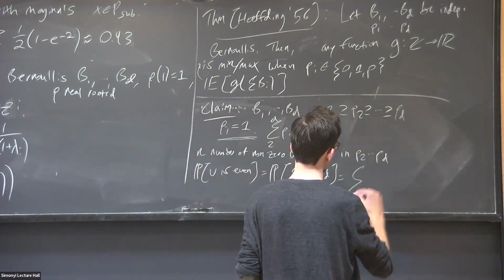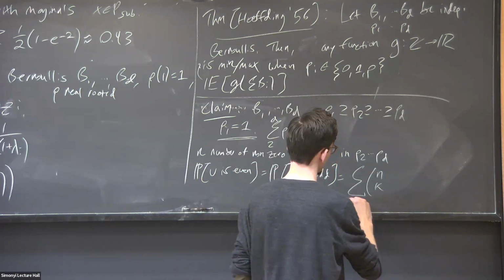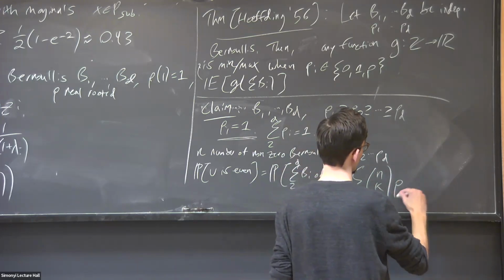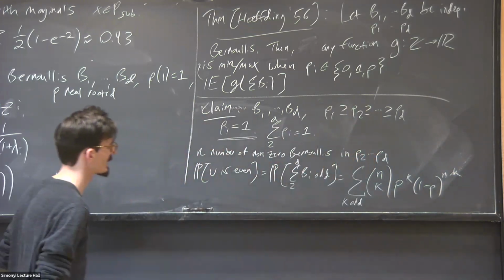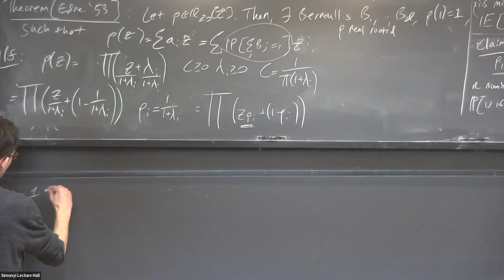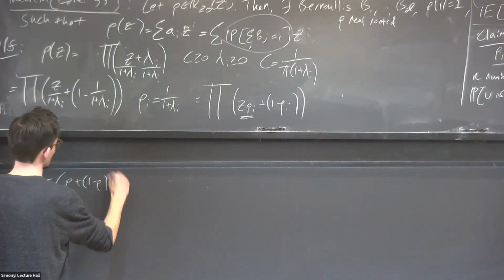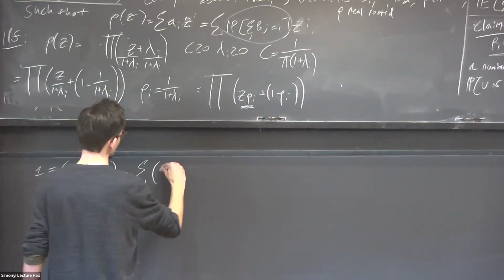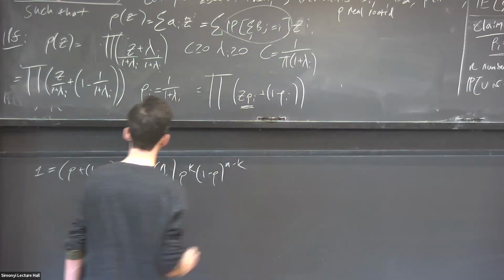Right, and this is just the summation over odd k of n choose k, p to the k, 1 minus p to the n minus k. I'm sure everyone knows how to compute this, but there's a kind of cute trick we can use. Say 1 is equal to p plus 1 minus p to the n.